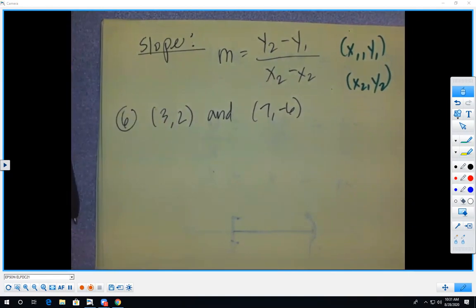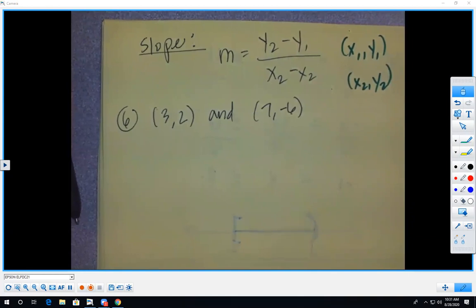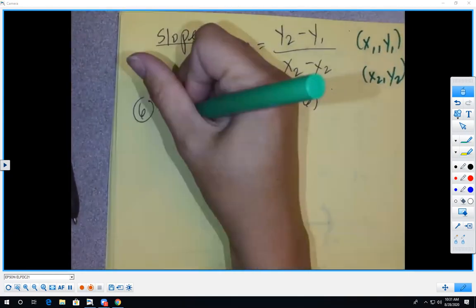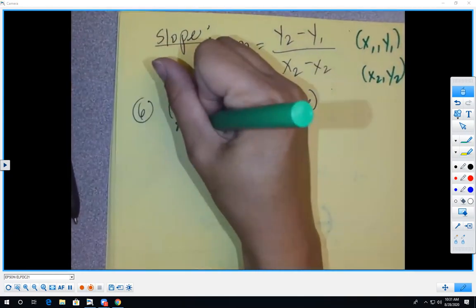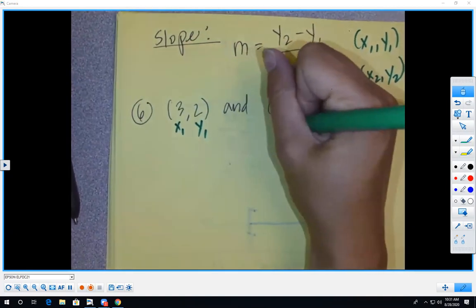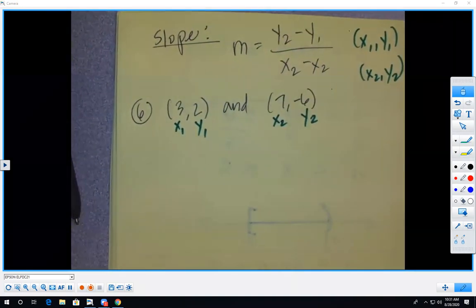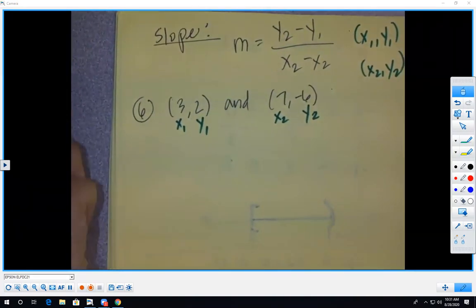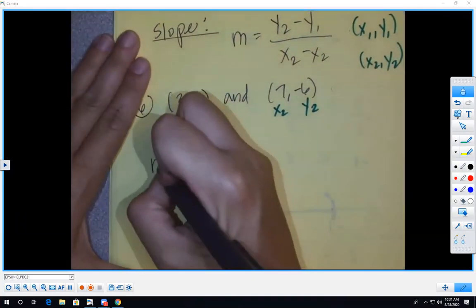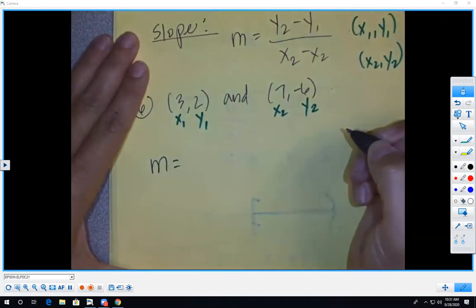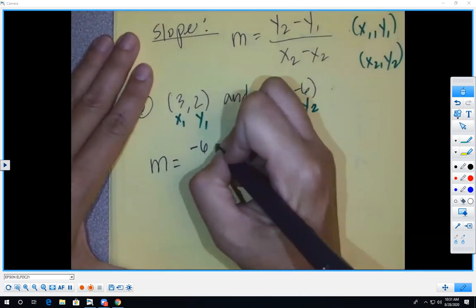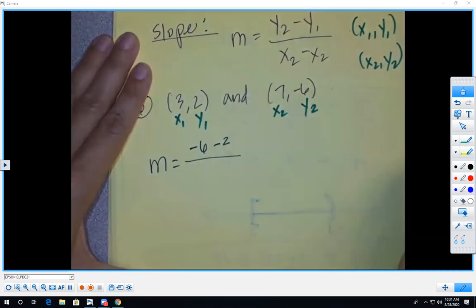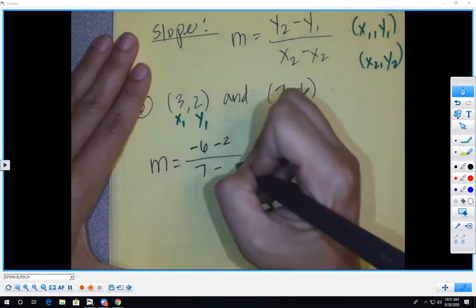And for some people, they struggle with putting them in the right place. Like they get the problem wrong because they accidentally stuck something in the wrong place on here. So if it's helpful, you can label them x1, y1, x2, y2. And then when you go to plug them in, it's -6 minus 2 over 7 minus 3.